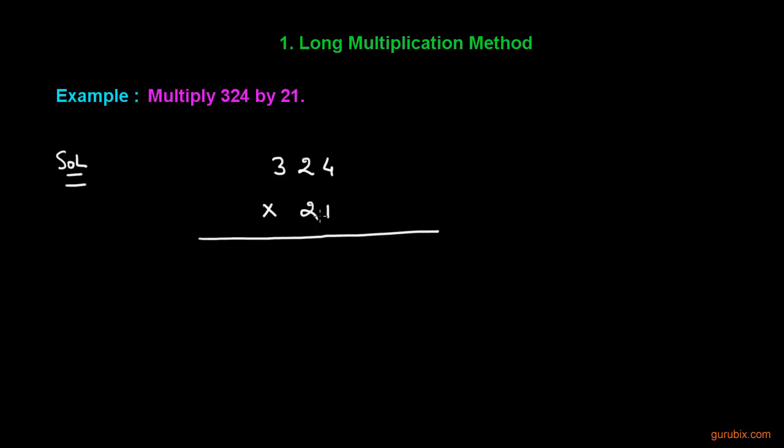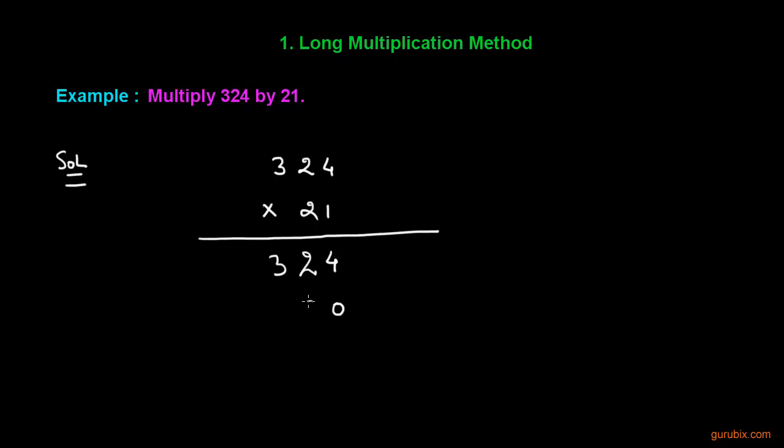This means the unit digit of this 21, and if we multiply 1 with 4, this means 4 times 1 is 4, and we shall write here, and 2 times 1 is 2, 3 times 1 is 3, and now we shall write a 0 here and start multiplying 324 by this 2.